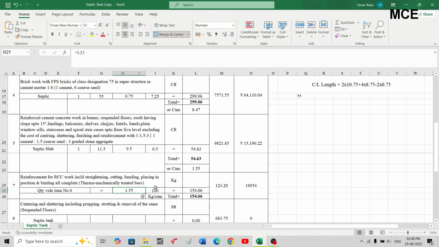So 1.55 into 100, which is 154.66 kgs, and the rate for this item in SOR is 123.2 Indian rupees per kg. So the total for this will be 19,054 Indian rupees.